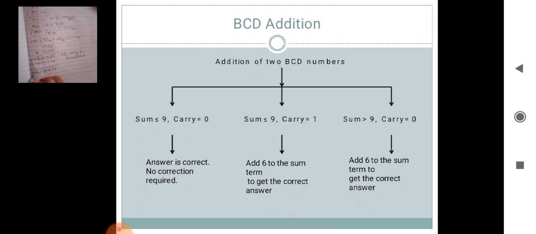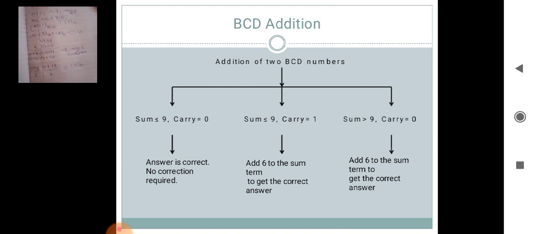So this is your decimal 1 and this is your 7, right? So your answer is equivalent to decimal 17. That means the answer is correct. So we have applied the second rule here. That means sum is less than 9 and carry is equal to 1. So we have added 6 here only, right? After adding 6, we got the correct answer.